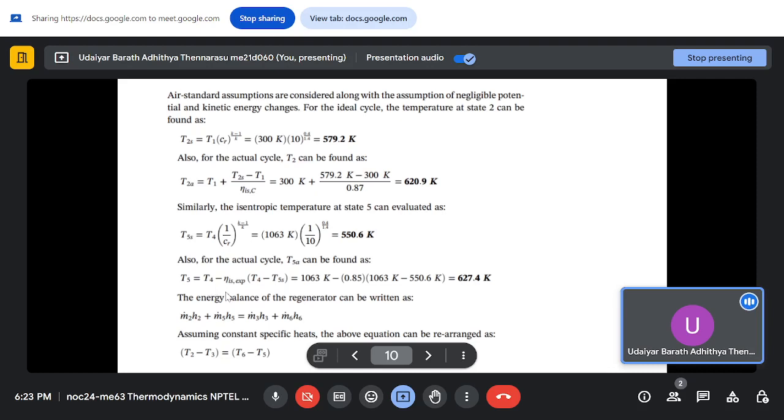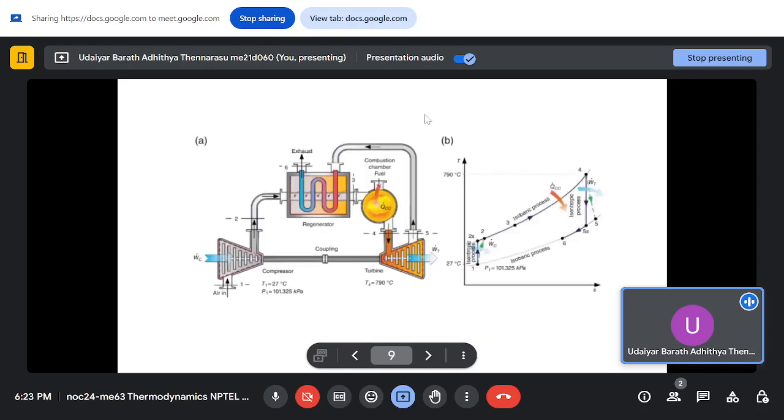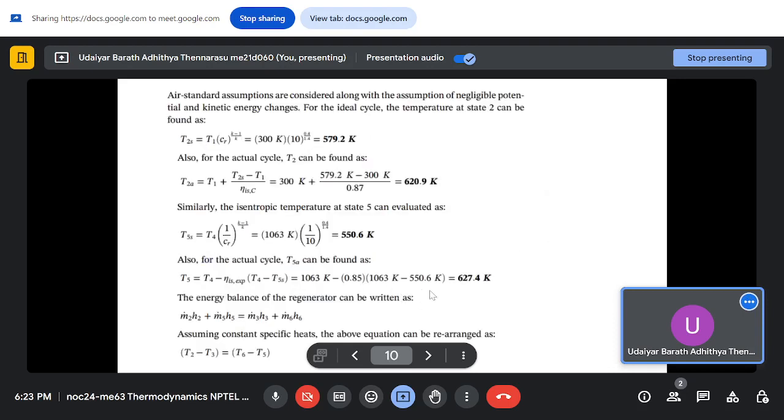Now we do an energy balance for the regenerator. If you apply an energy balance across this regenerator, you see the fluid which is coming in is at state 2 and state 5, and the fluid which is going out is at state 3 and state 6. So if you run an energy balance, m dot 2 H2 plus m dot 5 H5 equals m dot 3 H3 plus m dot 6 H6. That is, the enthalpies of streams coming in equal the enthalpies of streams going out.